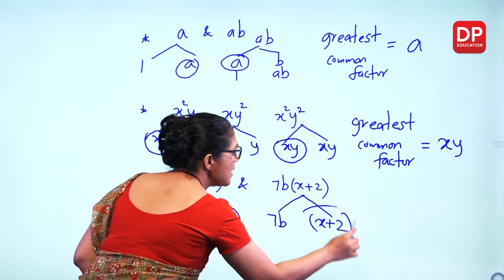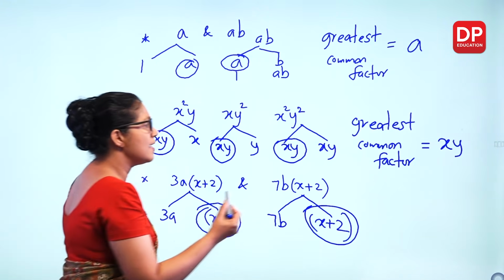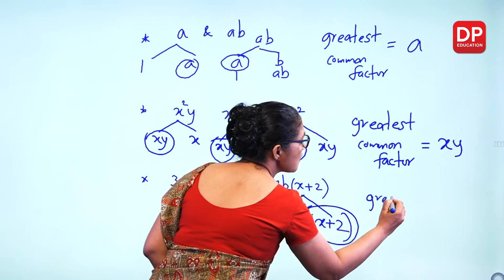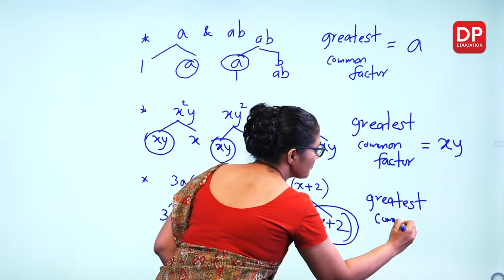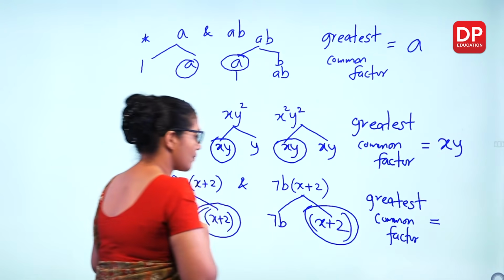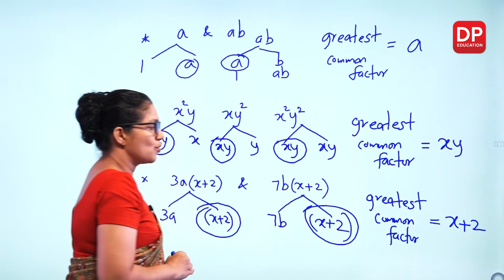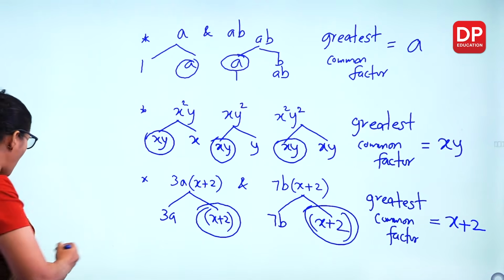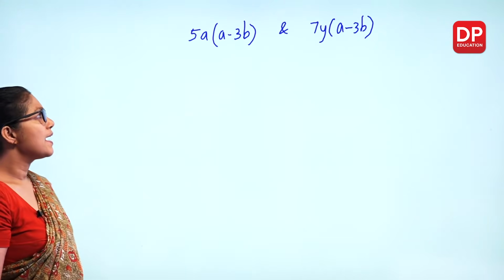I can see x plus 2 is the common factor. So here, greatest common factor for these two expressions is x plus 2.